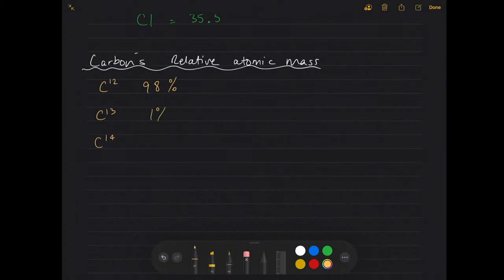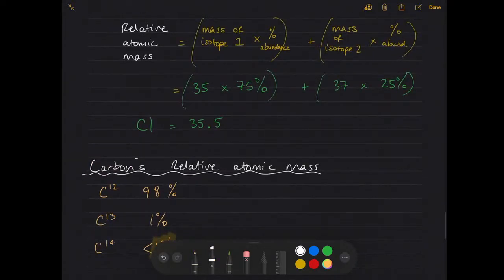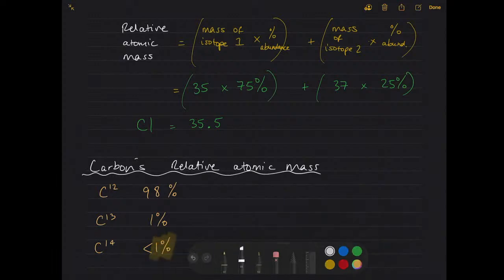About 1% is carbon-13, and then something incredibly small, less than 1%, is carbon-14. For this calculation, you're allowed to just assume it's 1%. I'm happy to do that. Could you go ahead and use the formula to work out the mass of carbon?